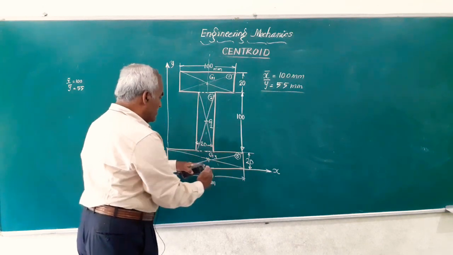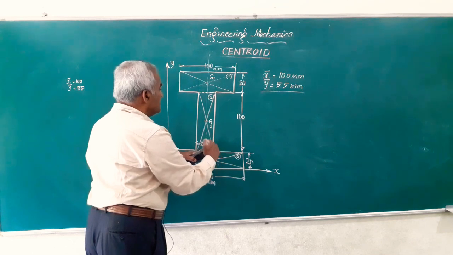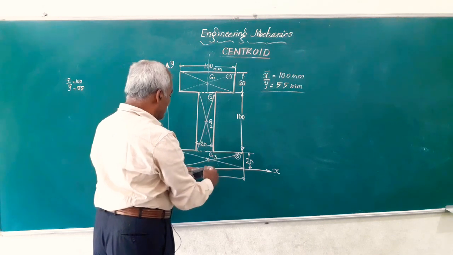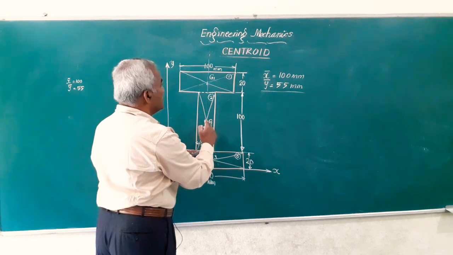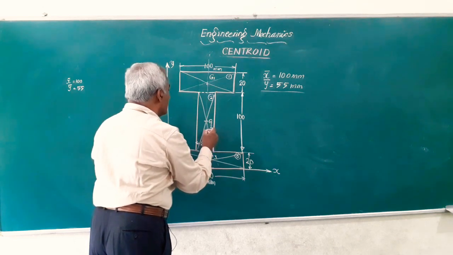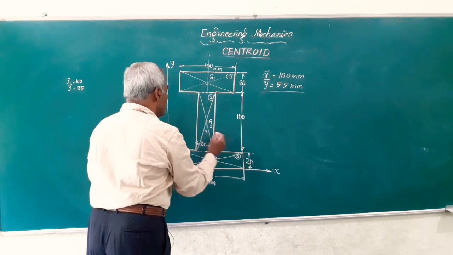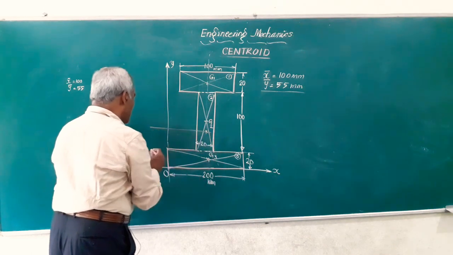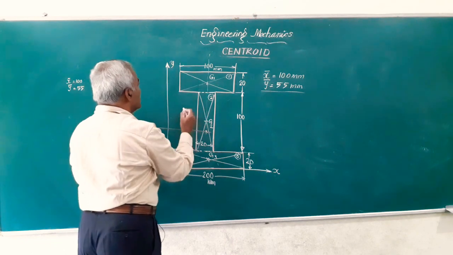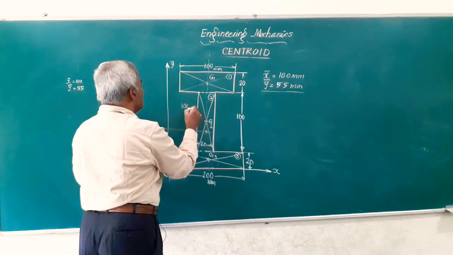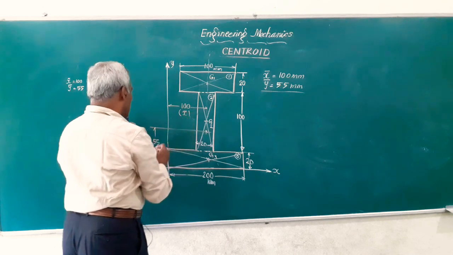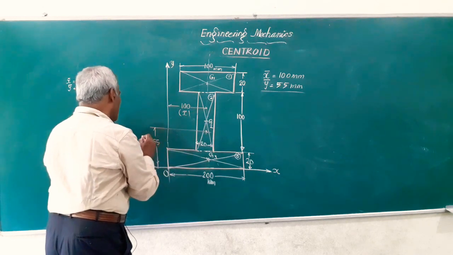So 55 mm, this is 20, this is 50, 70. So it is 55 millimeter from here, 20 plus somewhere here. So on this line you should get these. So the values are, this is 55 mm from the bottom, that is the value of y bar, and this x bar is equal to 100 millimeters.